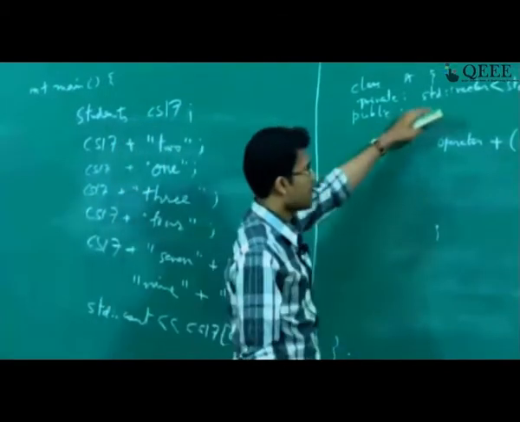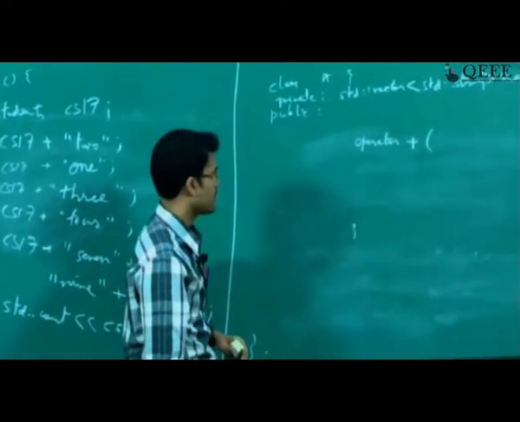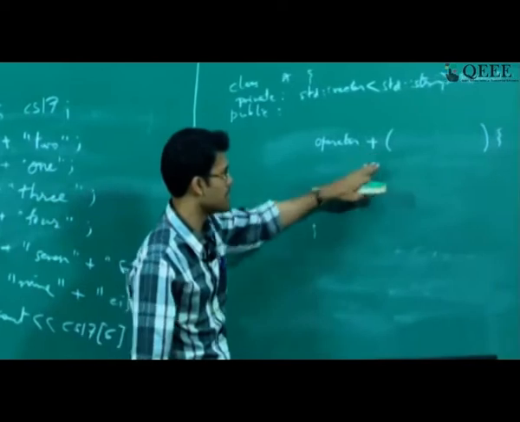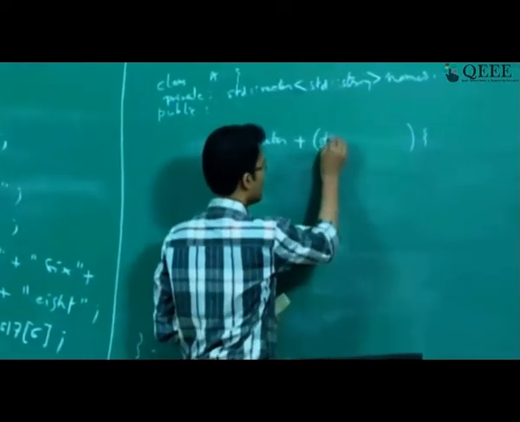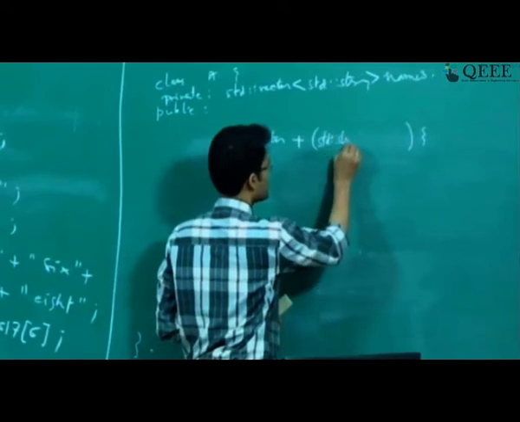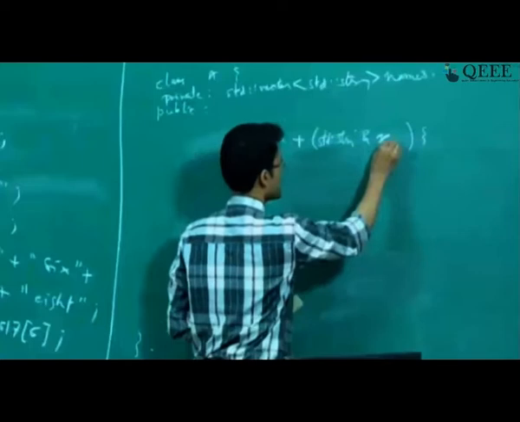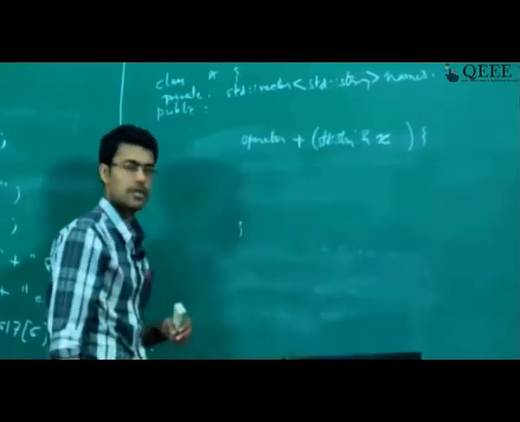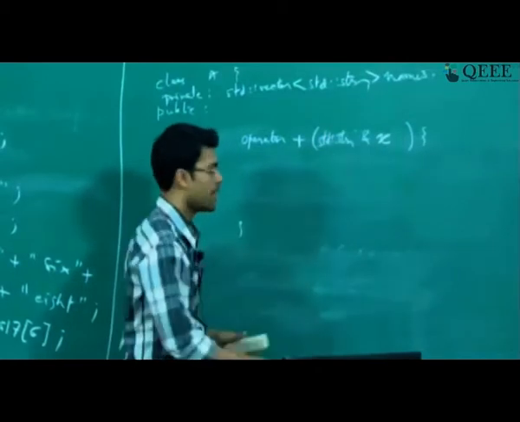Now this is a private variable, so I am careful about that, but what I am going to do in plus is pass that as an argument. So how do I pass that as an argument? Well, this is of type string, let us say x, and I need to add that x to names.